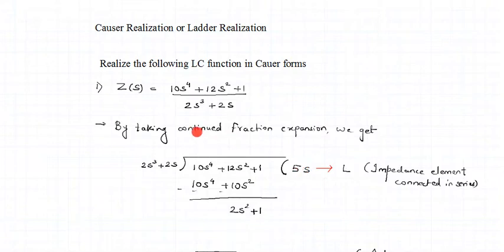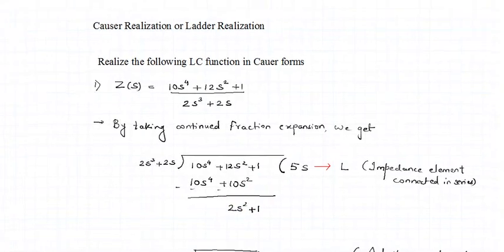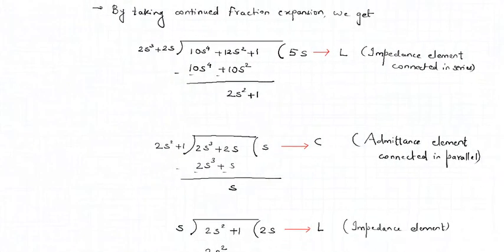This is a continued fraction expansion method in which we go on dividing until we reach a remainder of 0. Since it's not a 0 remainder, we need to continue the division. We take these two terms further for division, out of which whichever is the higher order becomes the numerator, and the lower order becomes the denominator.